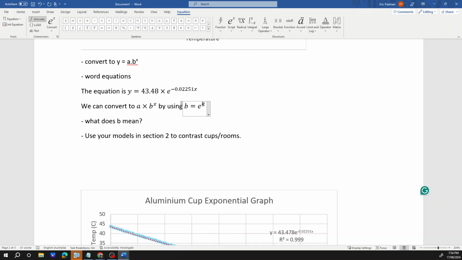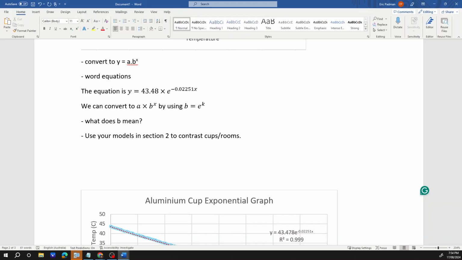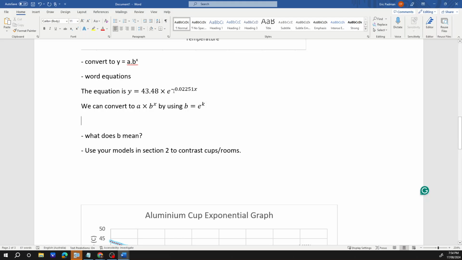So the reason why this form is common and why Excel does it is because it is used in calculus, which is stuff that the maths people do. They like their exponentials to be base e because it makes the calculus easy. We like it in the other form because it makes the interpretation easy, and we'll explain that in a minute.